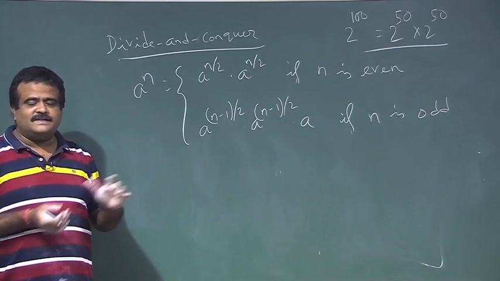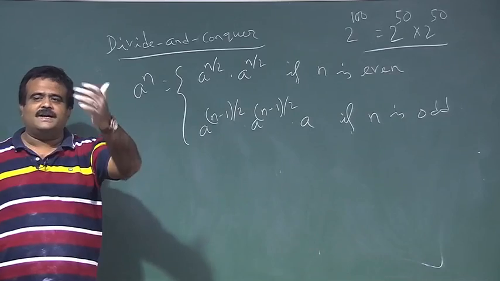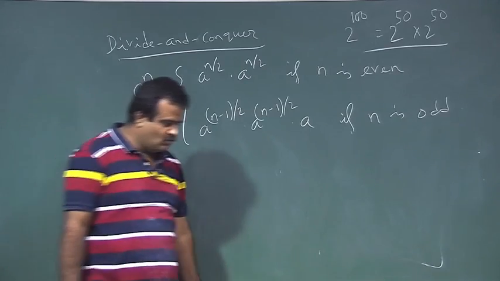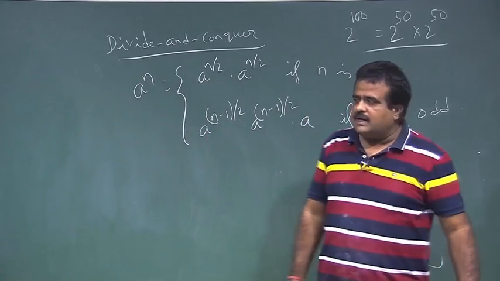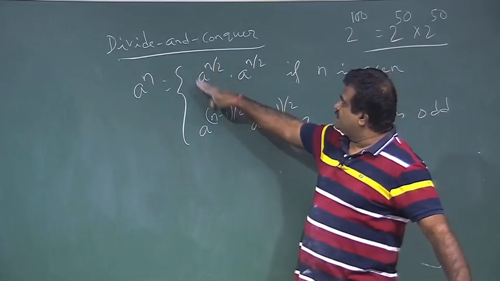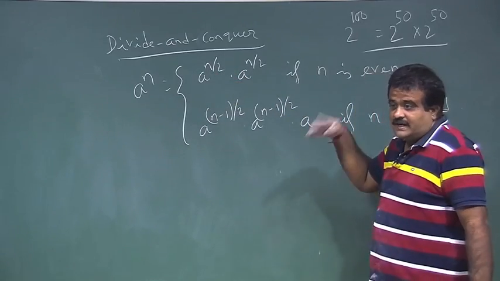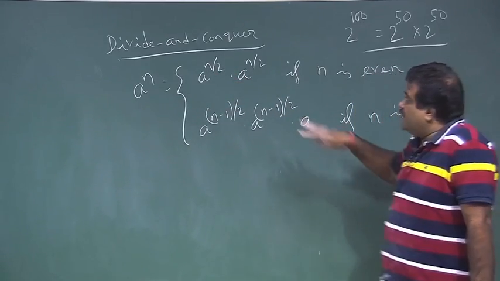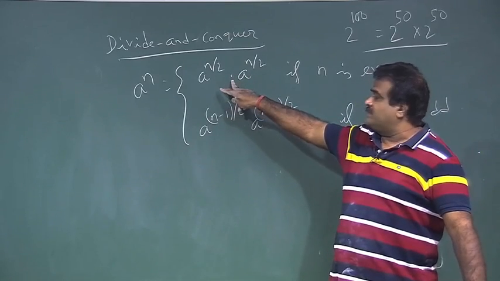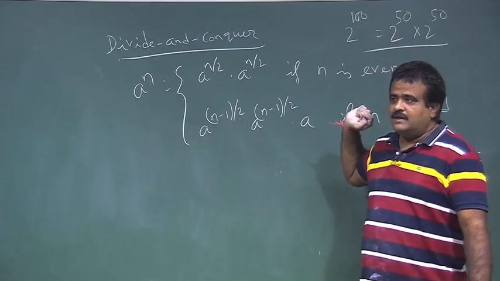So, what is the divide step? The divide step is basically we just get n by 2, and the conquer step means we try to get a to the power n by 2, that is the recursive call. Once we have the solution, the combine step is this multiplication if it is even.